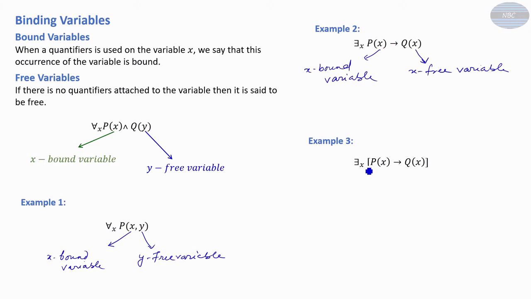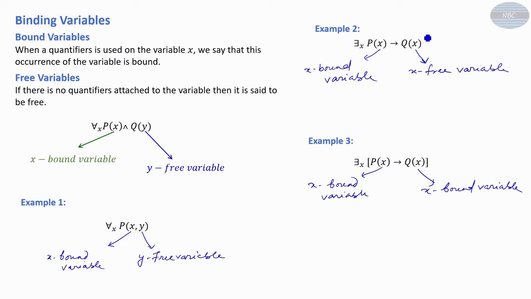Now it is applicable to predicate P(x) as well as Q(x) because they are enclosed in a square bracket. Hence here x is a bound variable as well as this x is also a bound variable.